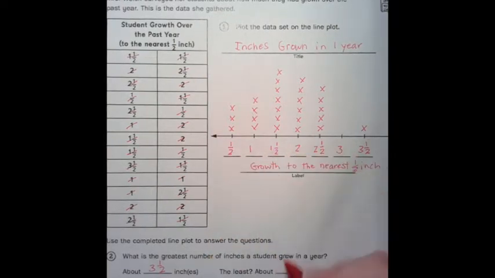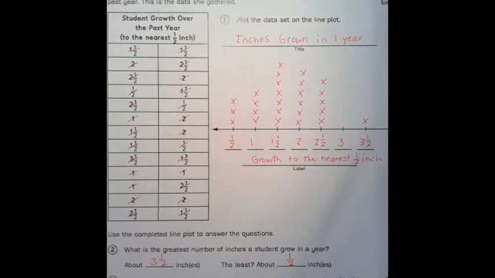You look at the smallest piece of information. Now we need to answer what's the difference between the greatest and the least number of inches grown. So your number model with your unknown: the greatest is 3.5, and the least is 1/2. So we're going to go 3.5 take away 1/2, and the answer to that is 3.